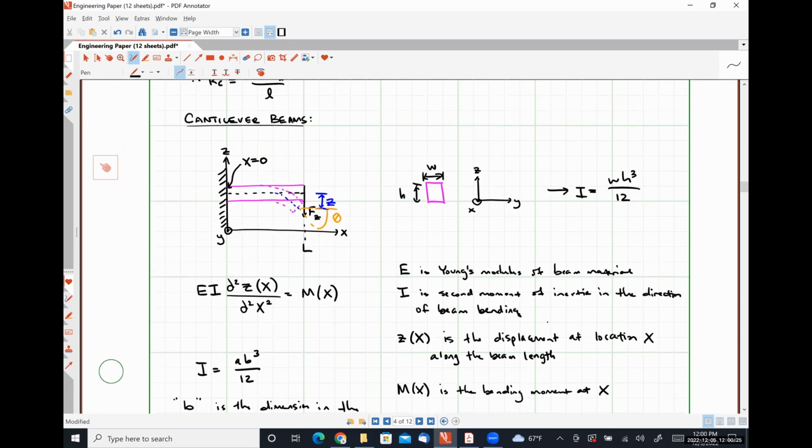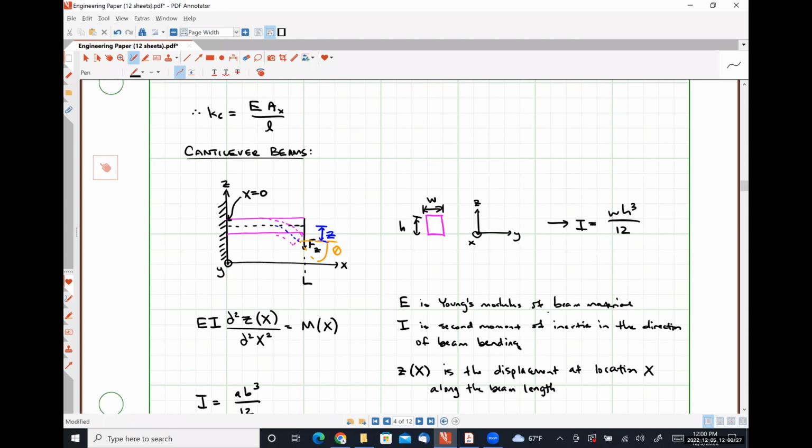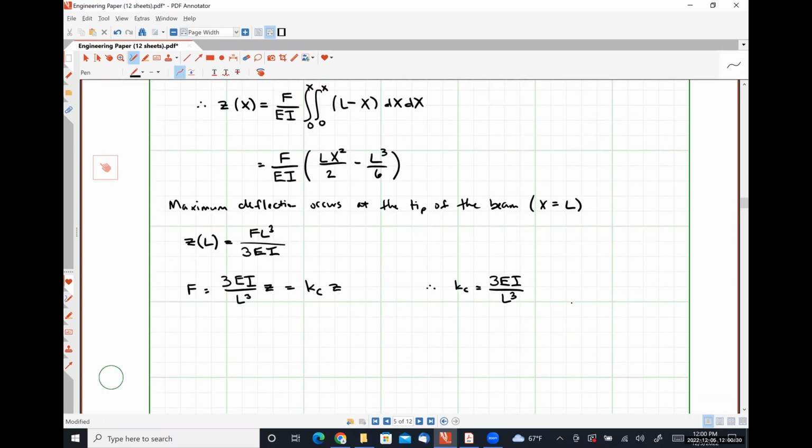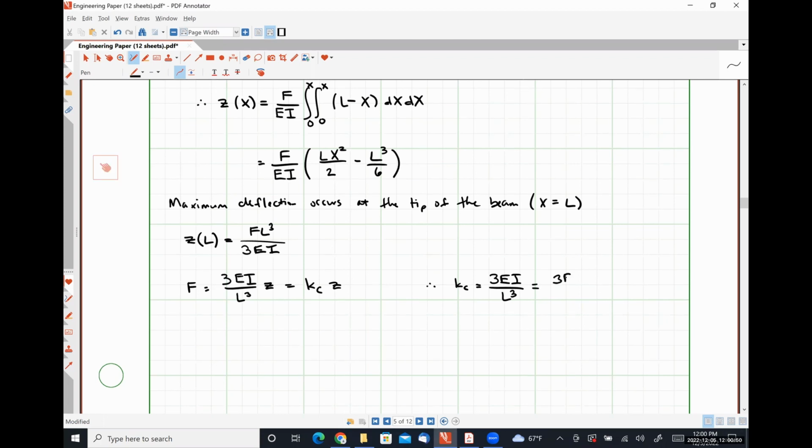So we have an inversely proportional relationship between the spring constant and the length of the beam. Here, instead, we have 3E times I, where I is related to the cross-sectional area. All right, so let's go this out a little bit further here. So 3E times width times height cubed over length cubed.